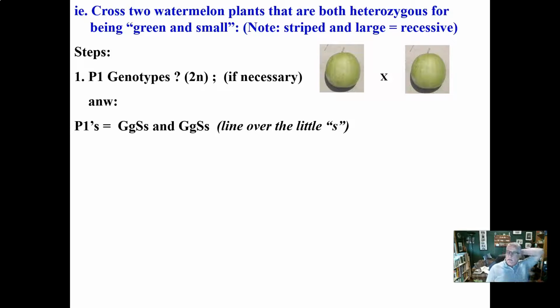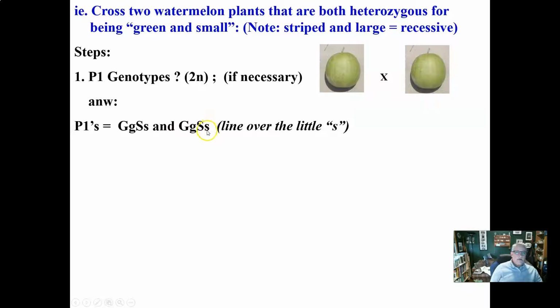So before we move on here, does the code make sense to the words to you? If I say heterozygous green, does that make sense? If I say heterozygous for small, does that make sense? All right. Are you putting a line over the little s? You know why?